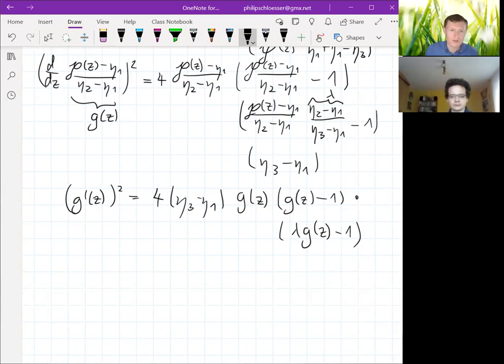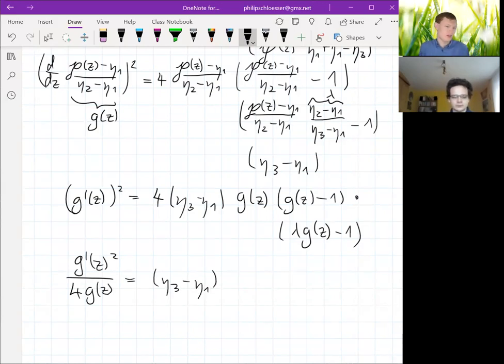And now we can go one step further. We can divide by 4 times g of z, meaning that g prime of z squared over 4 times g of z is equal to still that factor of eta 3 minus eta 1 times g minus 1 times lambda g minus 1.